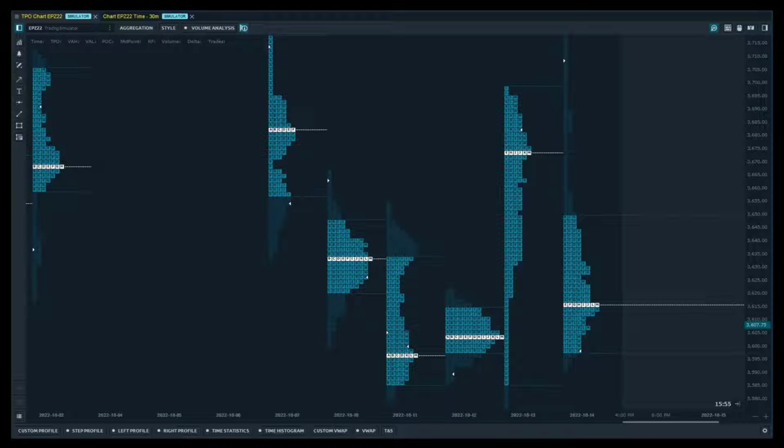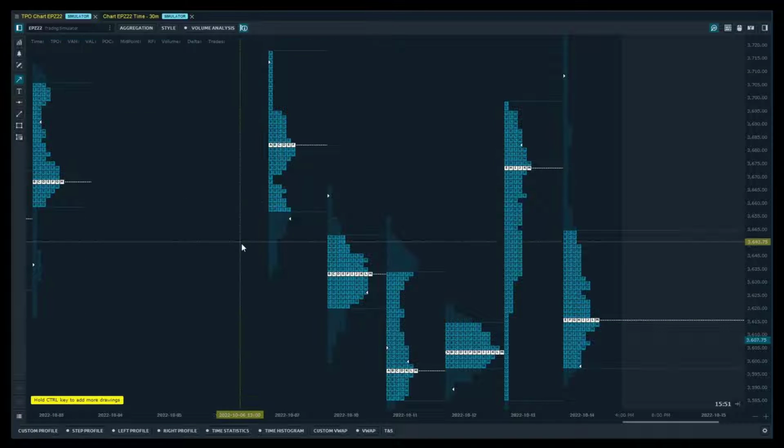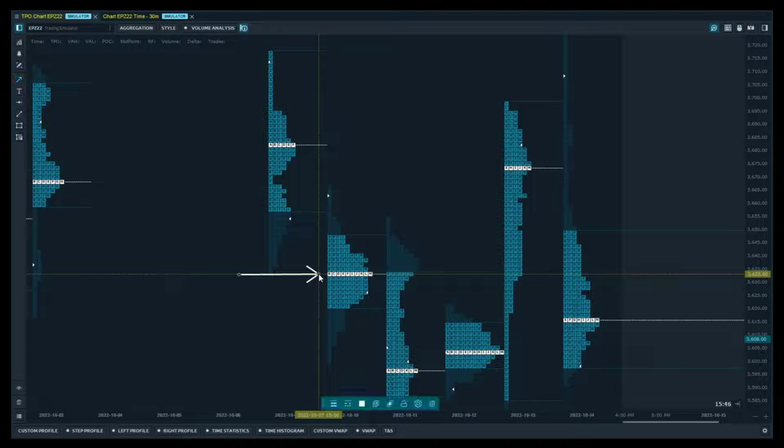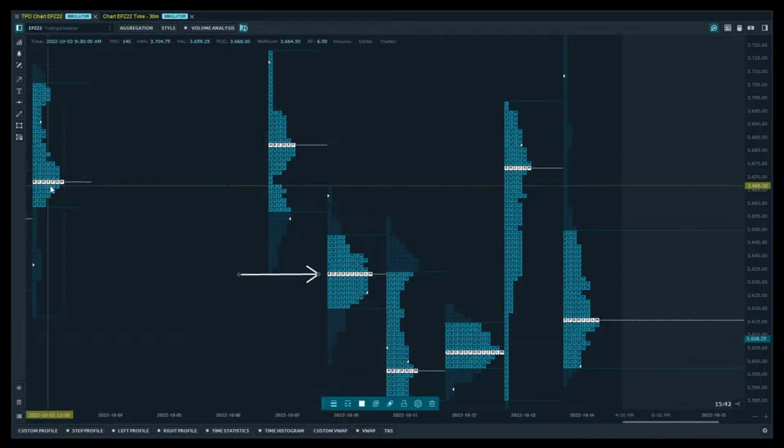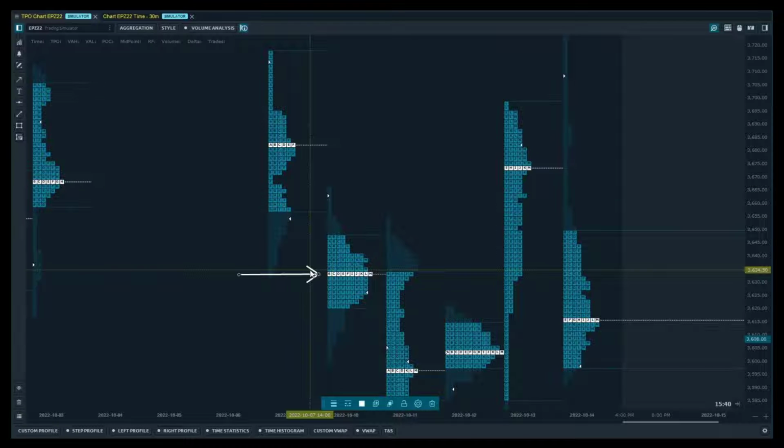You might also be wondering what this white line is here, right here, and this is the point of control. Every profile will have one. There's one here, as you can see. Every profile will have one, and it's the point where price spent the longest period of time transacting around.